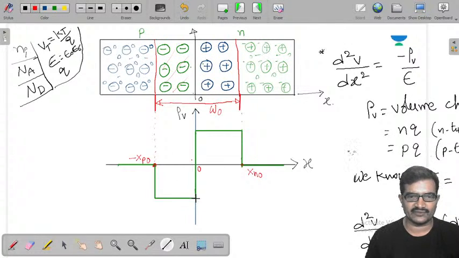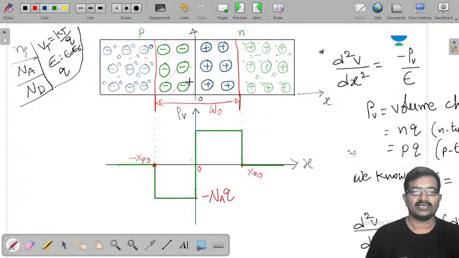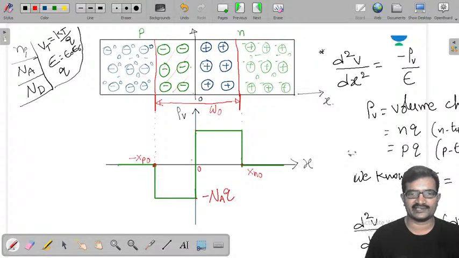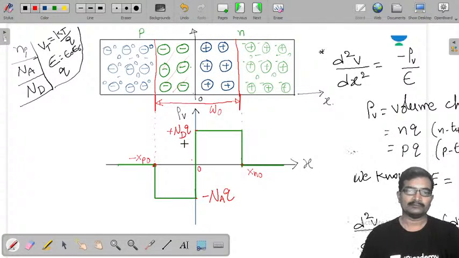Now the value of this one is minus Na into Q, because the amount of doping here, the immobile ions concentration, is Na, charge is Q. Similarly here it is Nd into Q. This side it is plus Nd into Q, because the concentration of these immobile ions is Nd, charge Q. Okay, so this is the rho v plot.